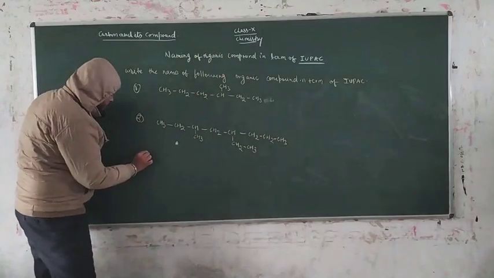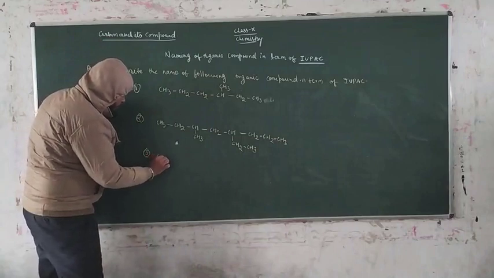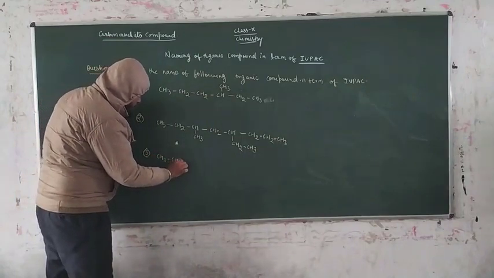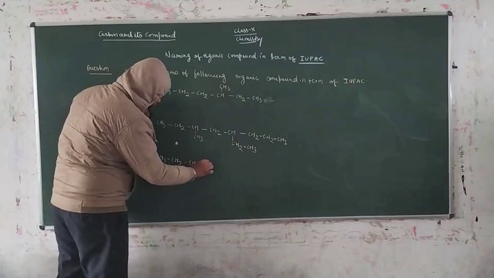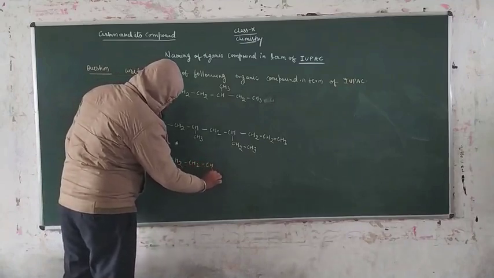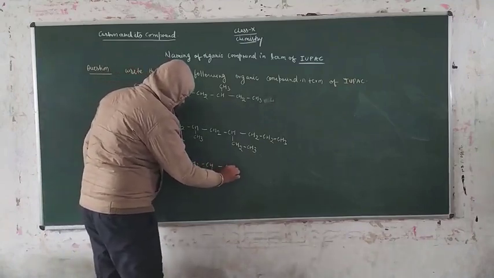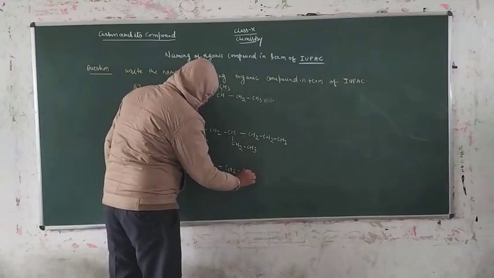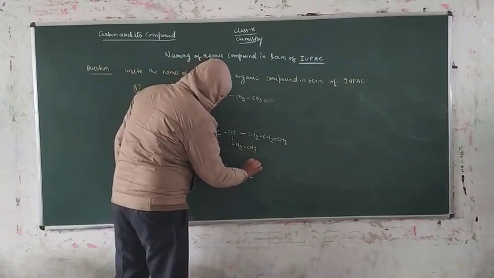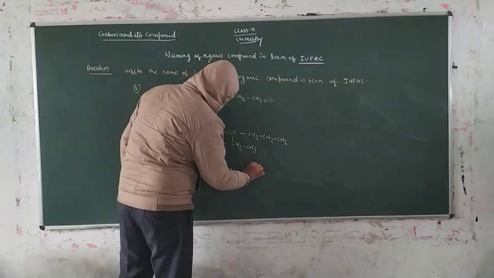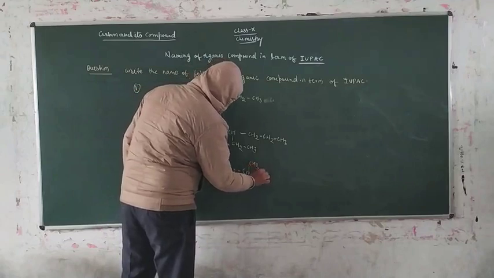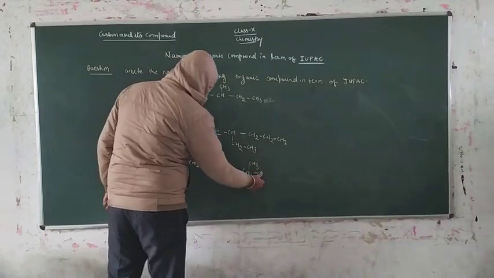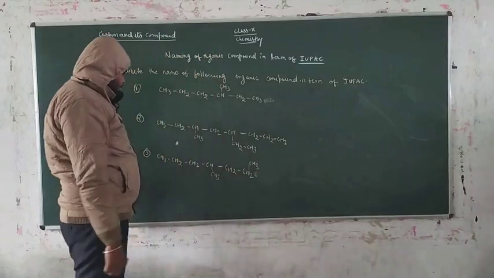Question number third is here. CH3, CH2, CH2, CH, CH3, CH2, CH2, CH2, CH3. That's it.